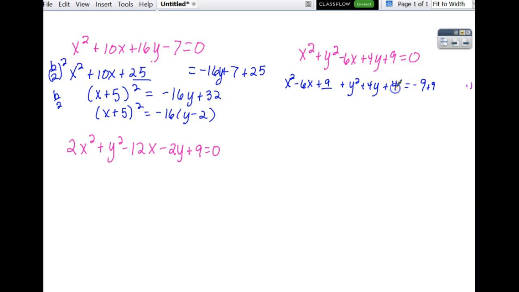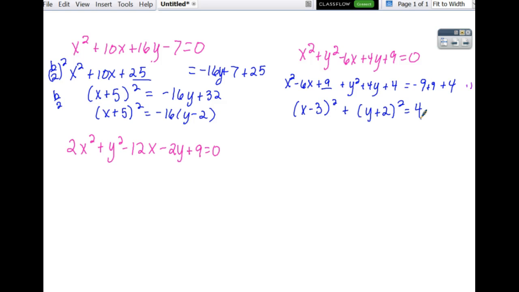And I'm going to add 4 here. So this gives me x minus 3 squared plus y plus 2 squared equals 4. So I get a circle that's 3 and negative 2. That's the center. And the radius is 2.